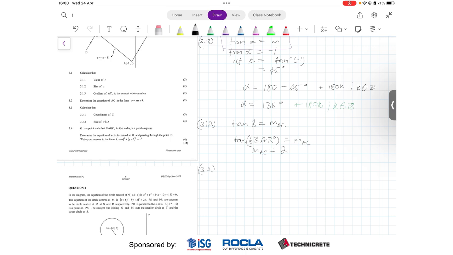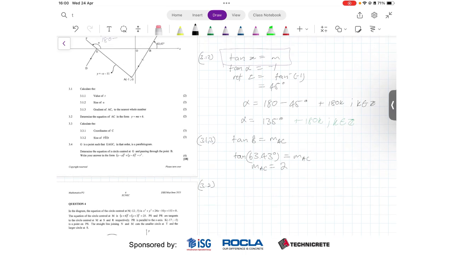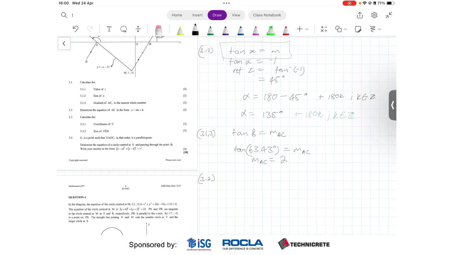3.2, we are asked to determine the equation of AC in the form y equals mx plus k. Okay, so we know that the gradient for AC is 2, right? Therefore, we know that our equation will have the form y equals 2x plus k.